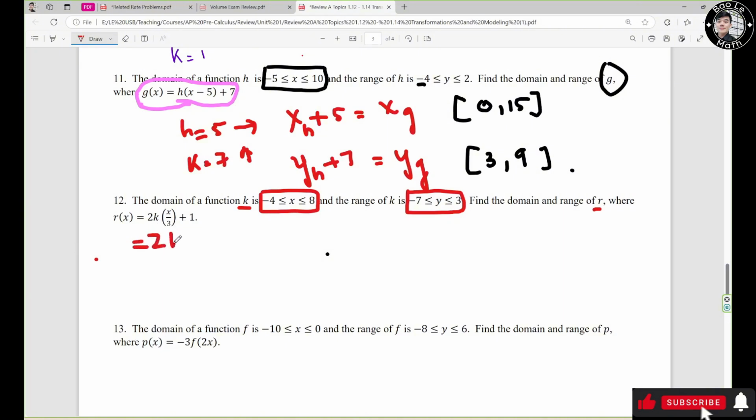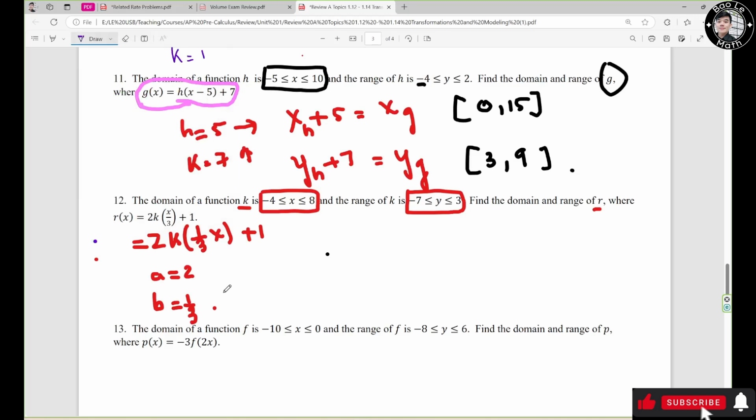This could be 2 k of 1/3 s plus 1, right? So I know that a equals 2, right? b equals 1/3, right?